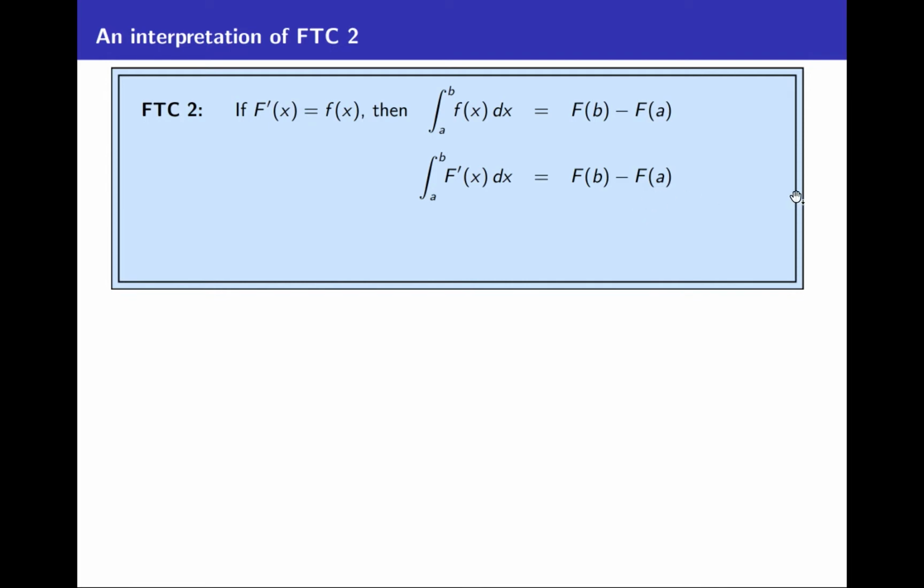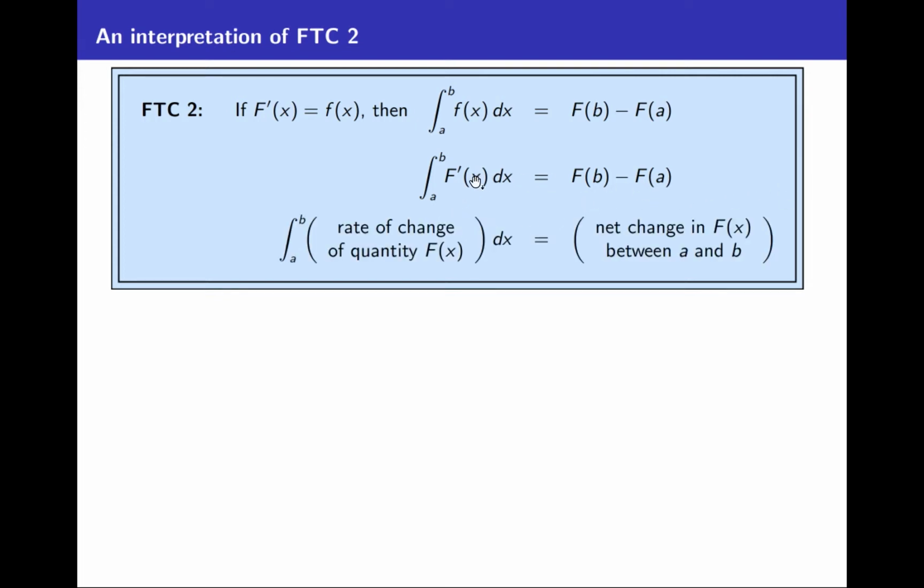Remember one of our interpretations of the derivative of a function. If big F represents a quantity that depends on x, then big F prime of x is its rate of change. So what this equation is saying is that the integral from a to b of the rate of change of a quantity, big F prime of x dx, equals big F of b minus big F of a, which would be the net change in big F between a and b.